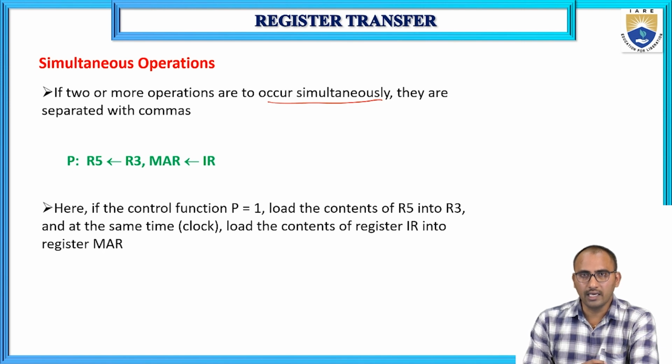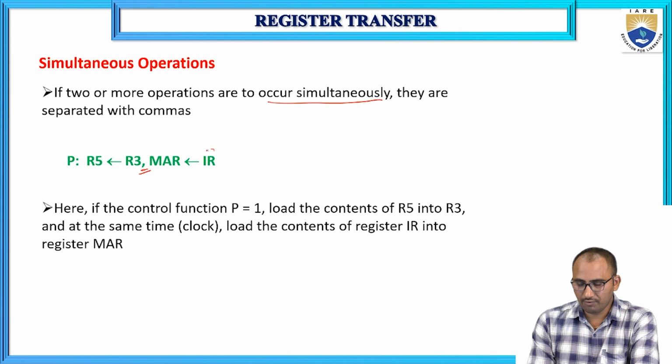In that case, we specify them by using this comma. For example, P colon R5 arrow R3, MAR left arrow IR. Two micro operations will take place simultaneously.